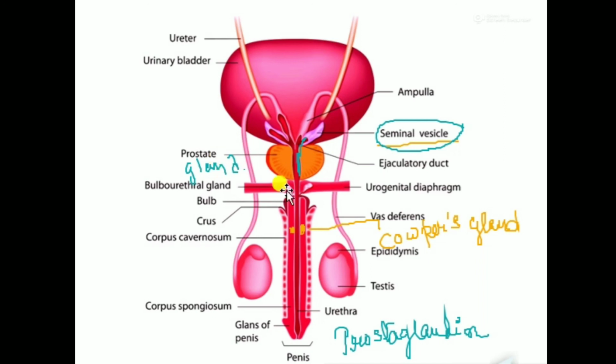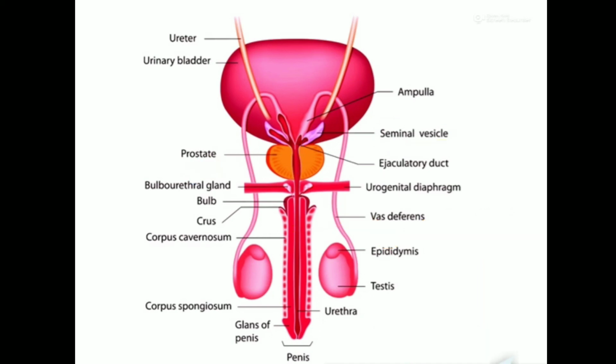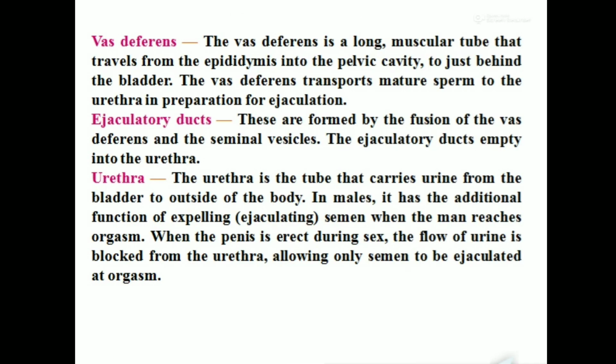Okay, this is all about the male reproductive system. In these two videos, I wanted to cover all the parts associated with the male reproductive system. You can see here, there is a vas deferens, ejaculatory duct, urethra, that I have already discussed.